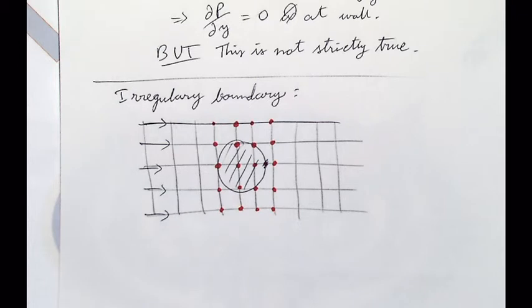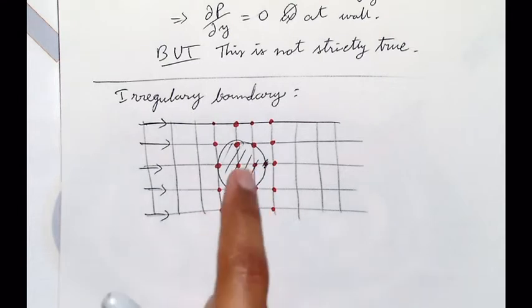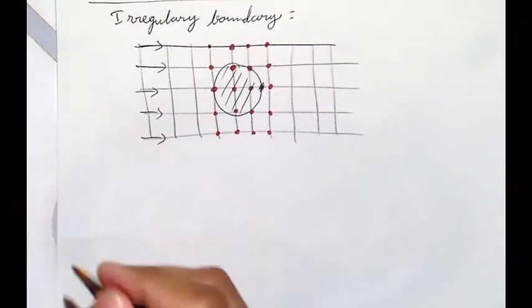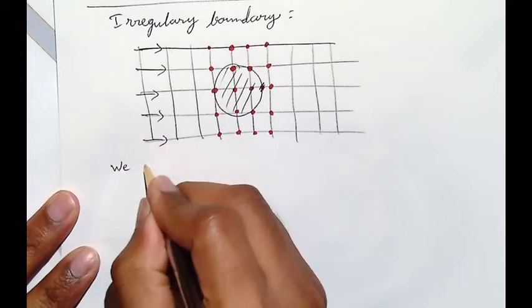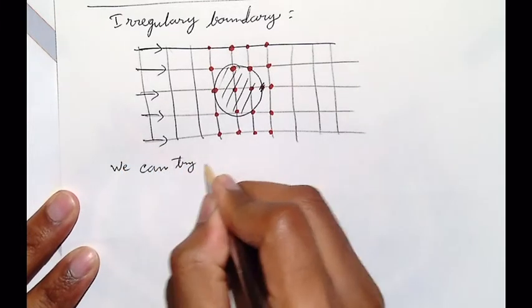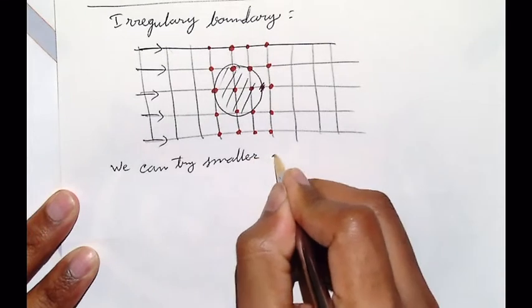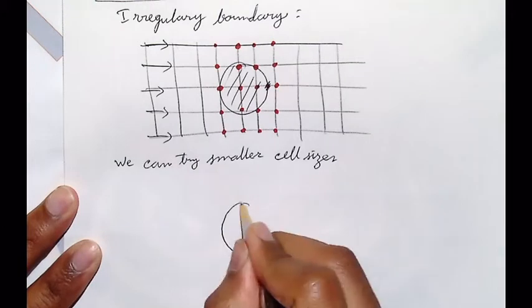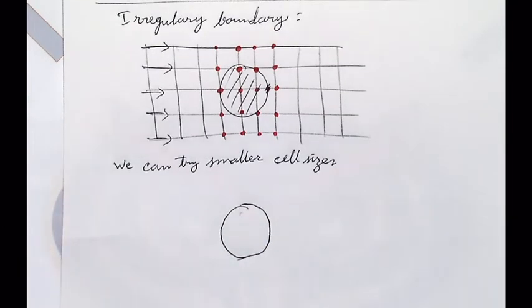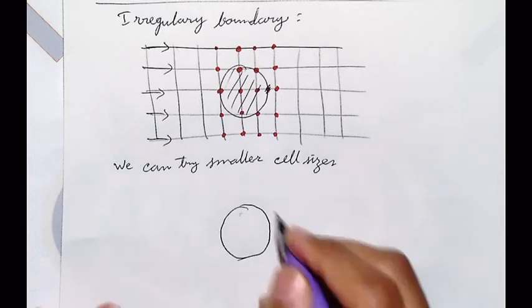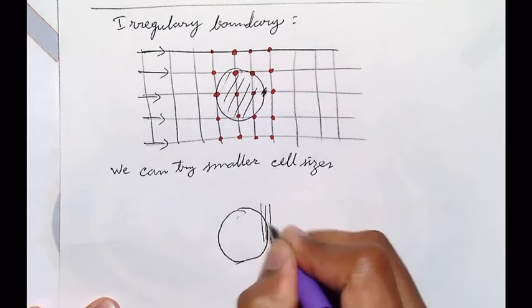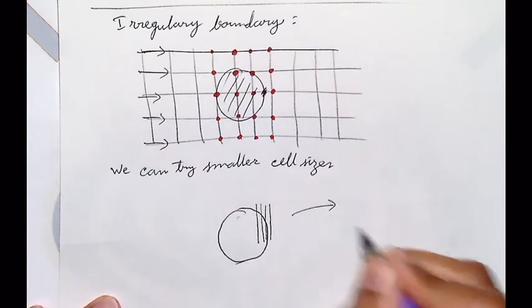What do we do? Making the nodes smaller. All right, you want to make the grid smaller around the cylinder. Fine, let's try smaller cells. Let me zoom this over here.